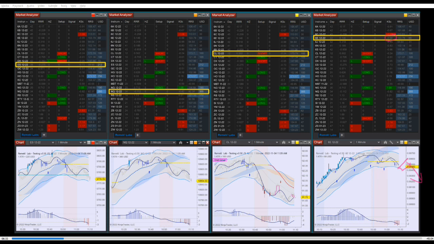All right, let's look at some other actions here. What else is happening? Nothing on the ES right now, nothing on NQ. We have a short setup on the CL. It's still the same thing. It's the same bear flag that we looked at 2 minutes ago. So I'm just waiting for some events to comment on.